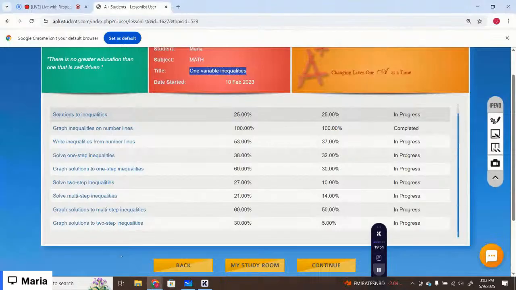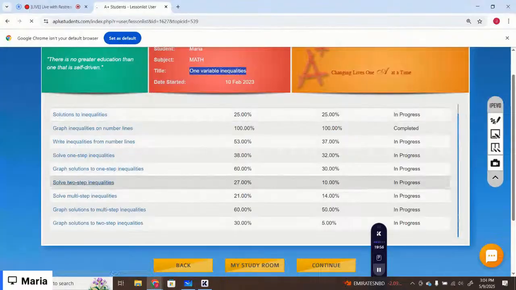Let's just start with the lesson that is solve two-step inequalities.